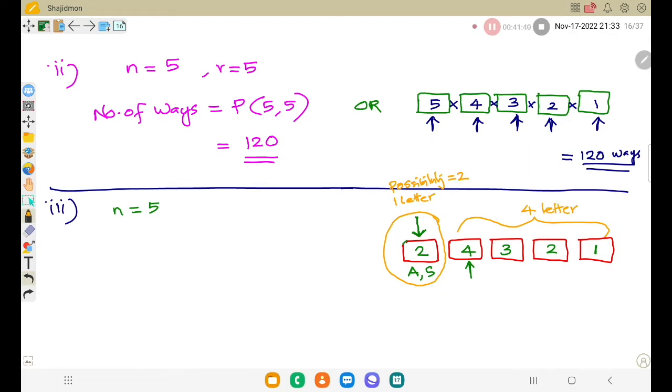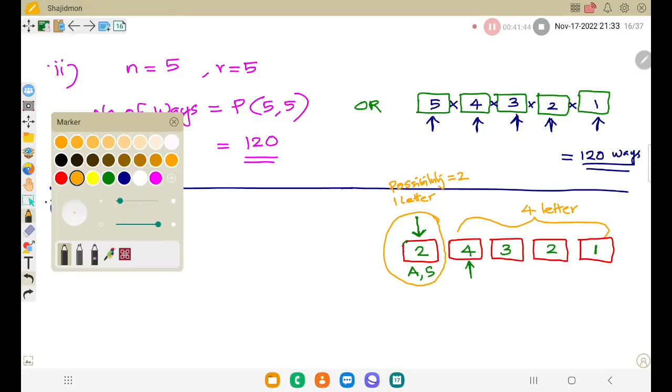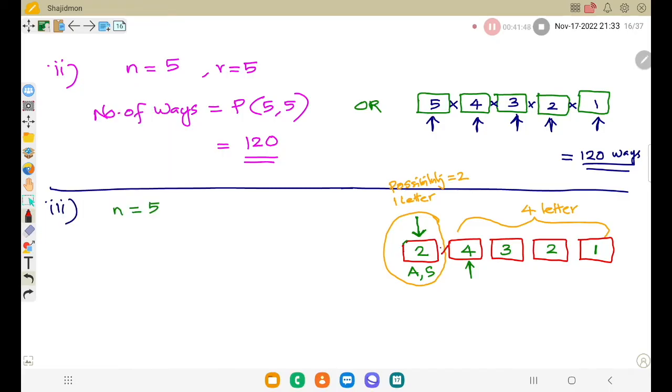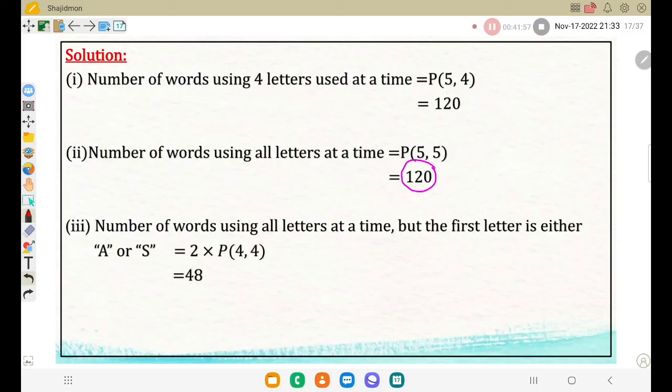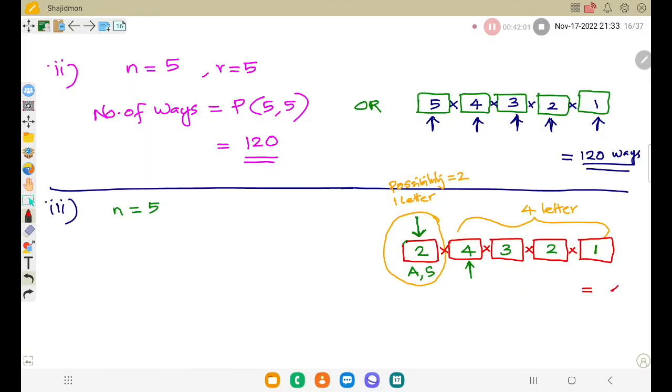So 4, 3, 2, 1 we are arranging. As per the multiplication rule, what is the total number of ways? 2 multiply 4 multiply 3 multiply 2 multiply 1. You can check what answer we are getting. That means 48. Totally equal to 48 ways.